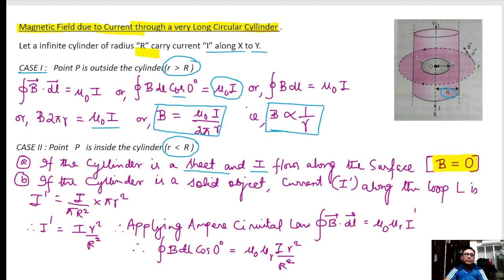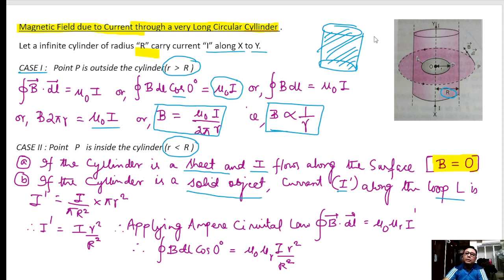Now if the cylinder is a solid object, full solid, the current I dash flows along the loop L. So how much current will flow along only this part?